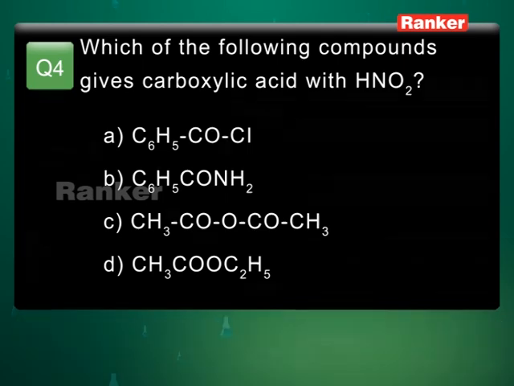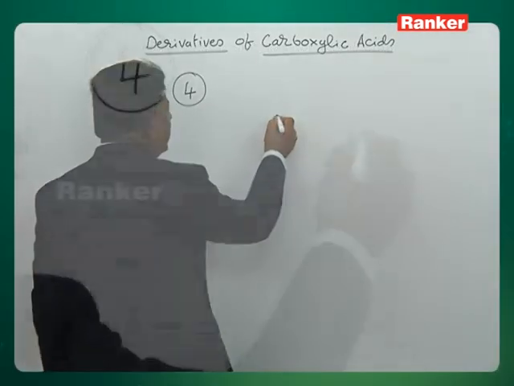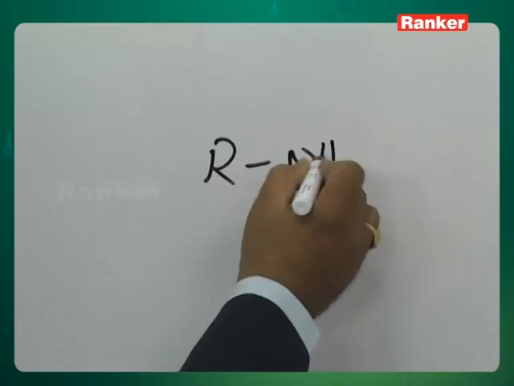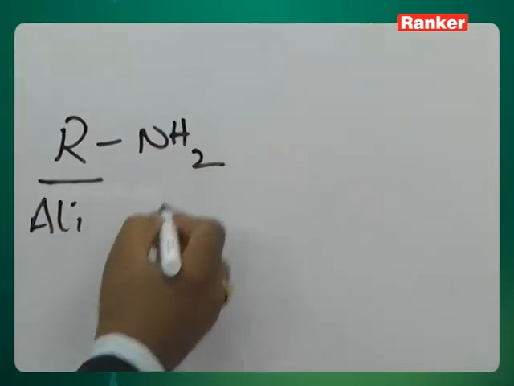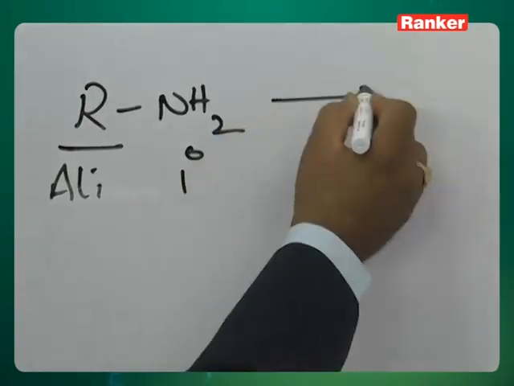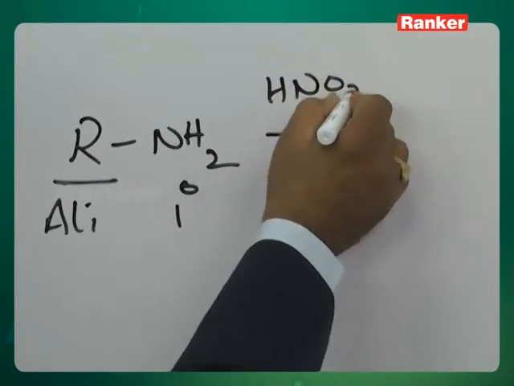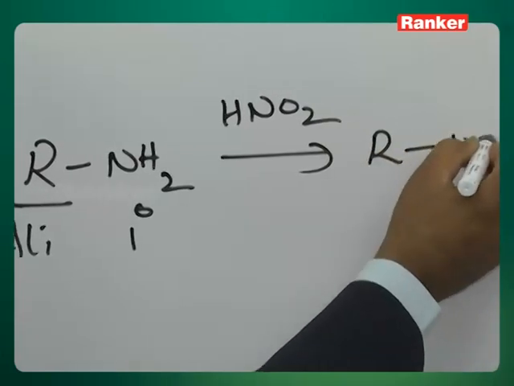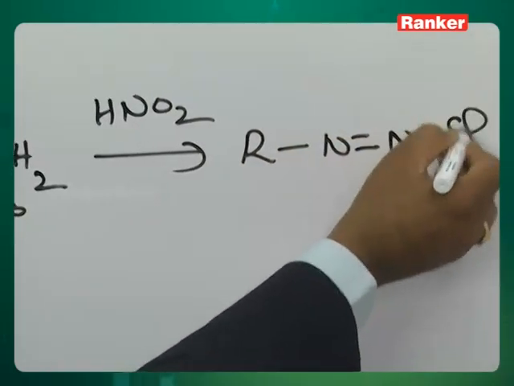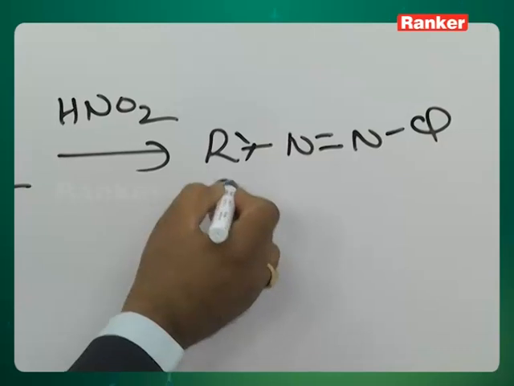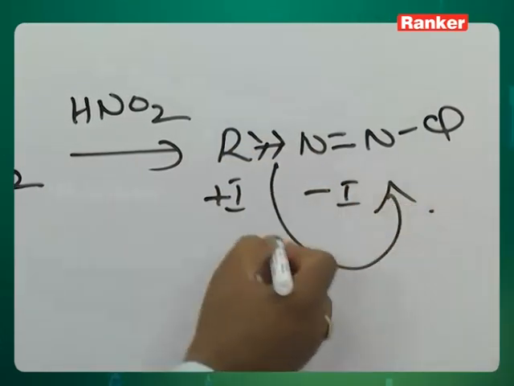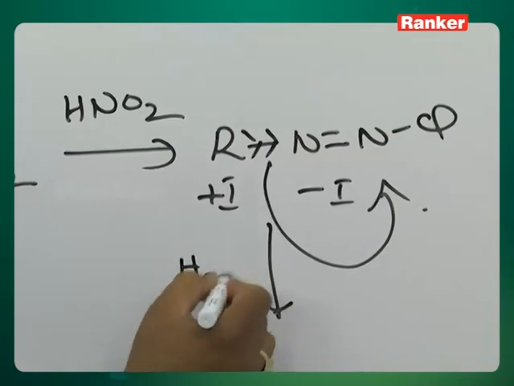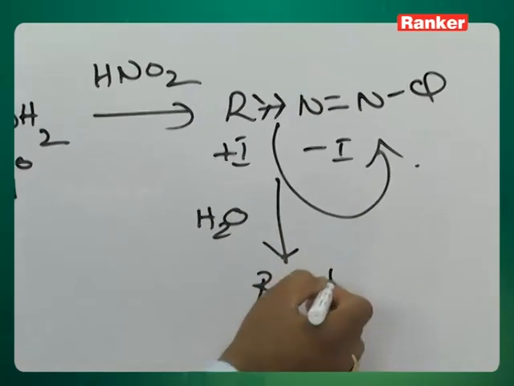Here we know a fundamental reaction: aliphatic 1 degree amines, this should be aliphatic and 1 degree, will undergo reaction with HNO2 and give RN2Cl. But because of the plus I effect of R and the minus I effect of this one, the N2 will go out, and with aqueous solution, water will be there, so it finally becomes alcohol.